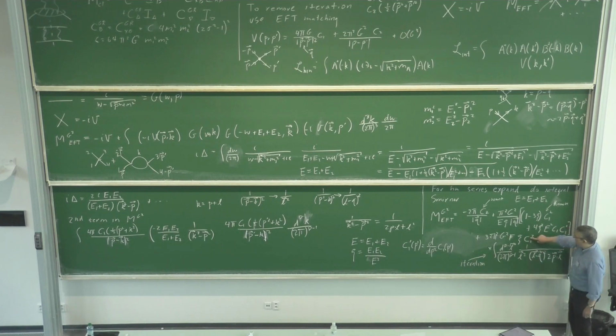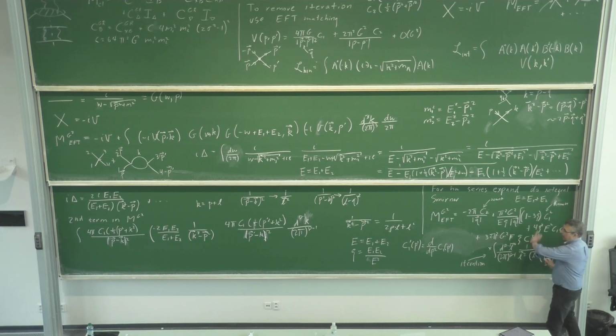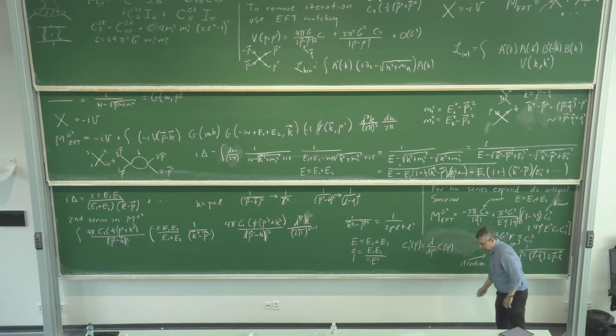One thing is you can see it has C1 squared on it. Now you might say, this also has a C1 squared. Maybe that's also part of iteration. But the way we're going to understand this is we will take this and match it to the full theory and recognize that this iteration term you find exactly in the full theory. So you subtract it from both sides. This is our iteration, which we're not so interested in.